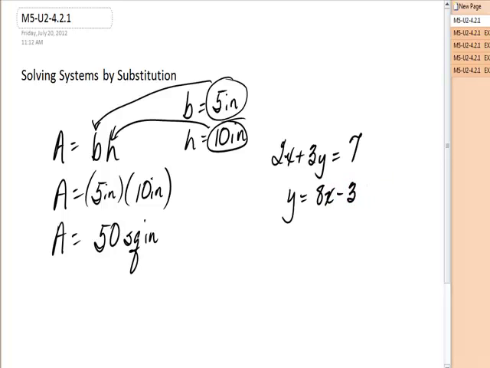When we use substitution as a technique for solving systems, one of our two equations needs to be in the format y equals or x equals.